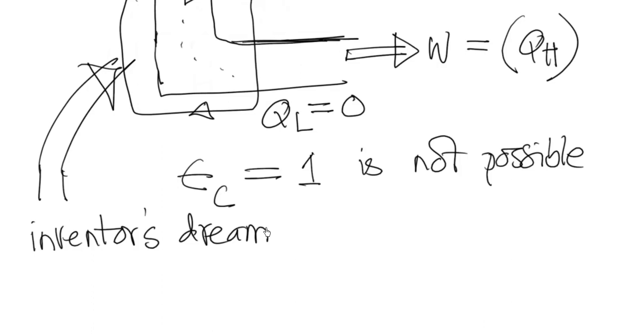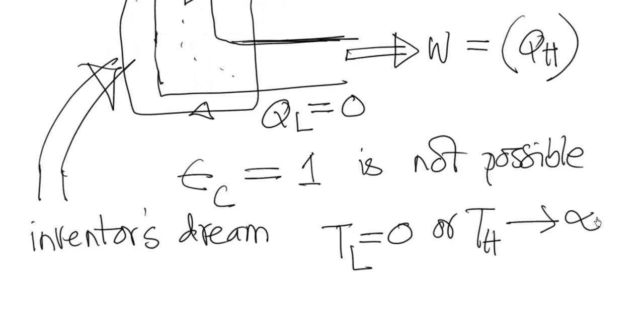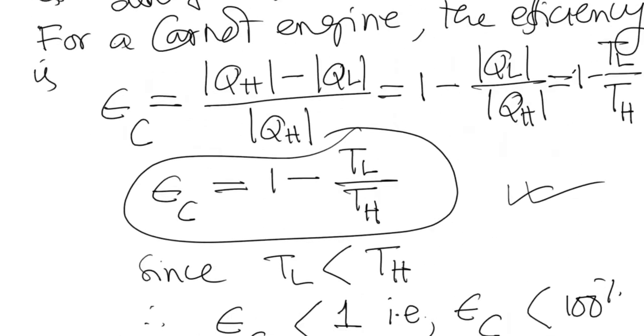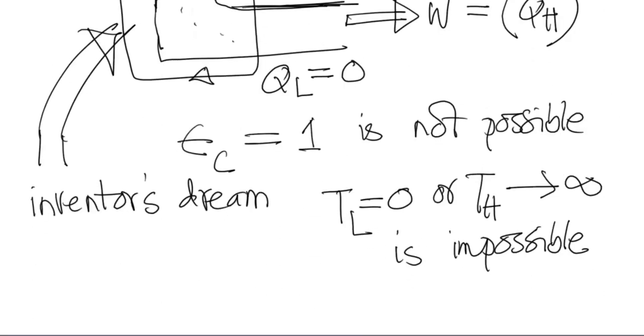T_L equal to 0 or T_H tending to infinity is impossible, because if T_L equals 0 or T_H equals infinity, then in this equation epsilon C becomes 1. But this is not possible. Therefore, epsilon C cannot be equal to 1. It is impossible.